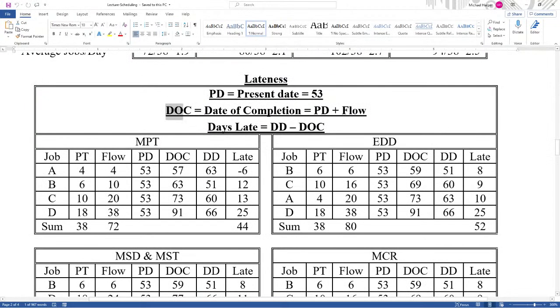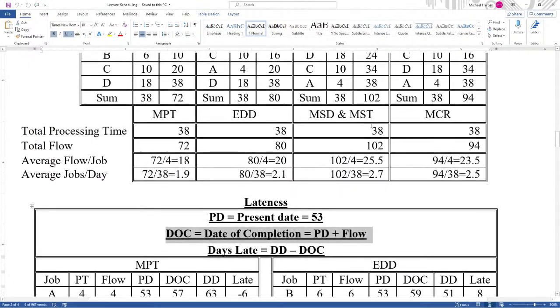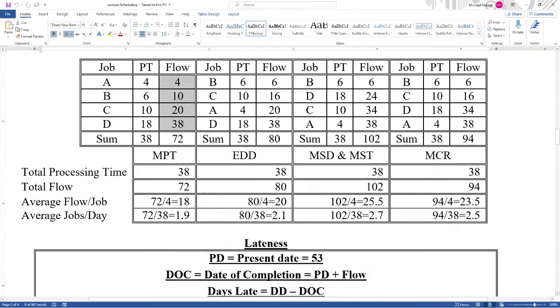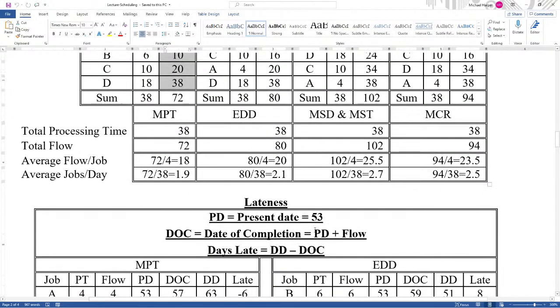Okay, now the date of completion is defined as the present date plus the flow. Because remember, the flow of a job in a schedule is how long it spends in the schedule. So if I add the present date to that, the present date plus how many days it's in the schedule, that's going to be the date at which it leaves the system.